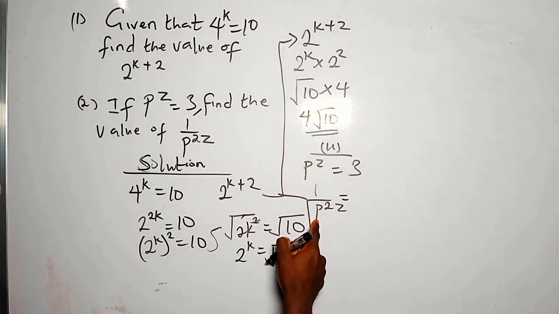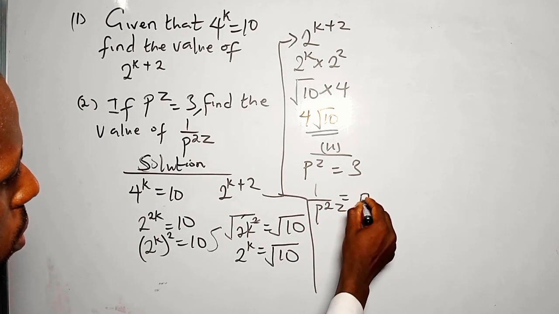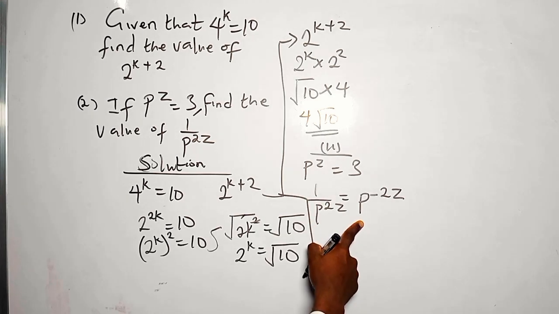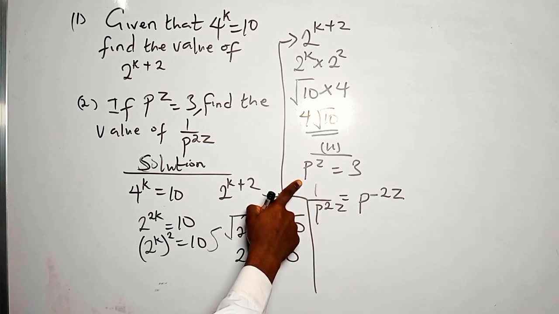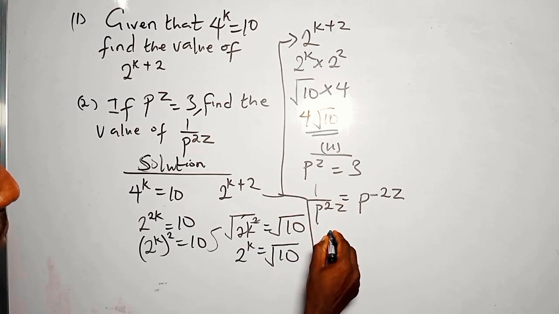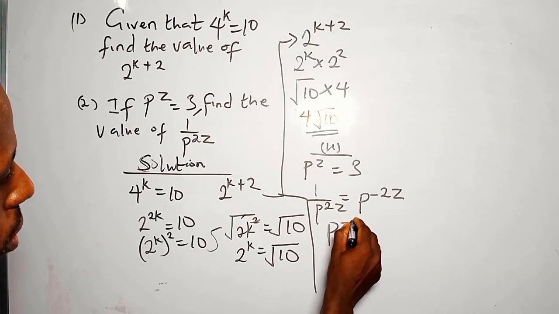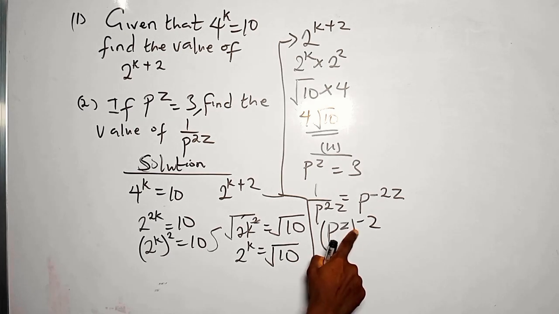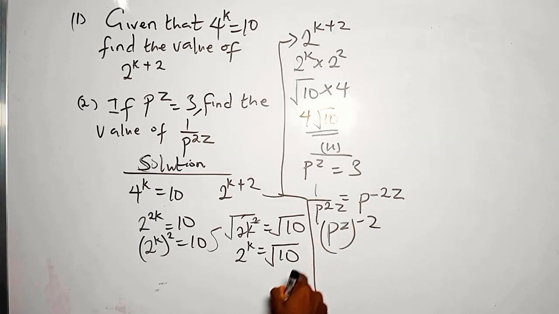We can write this as p raised to power minus 2z. And for this we can write this as p raised to power z, raised to power minus 2. So z times minus 2 is the same as having this.